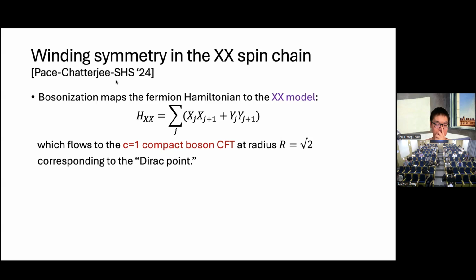Yeah. So here you are basically saying that by introducing the four Fermi interaction, on the bosonized side a cosine-type interaction could become relevant because of the change in the radius of the compact boson, and you would eventually get a gapped phase. Is that what you are saying? Yes.